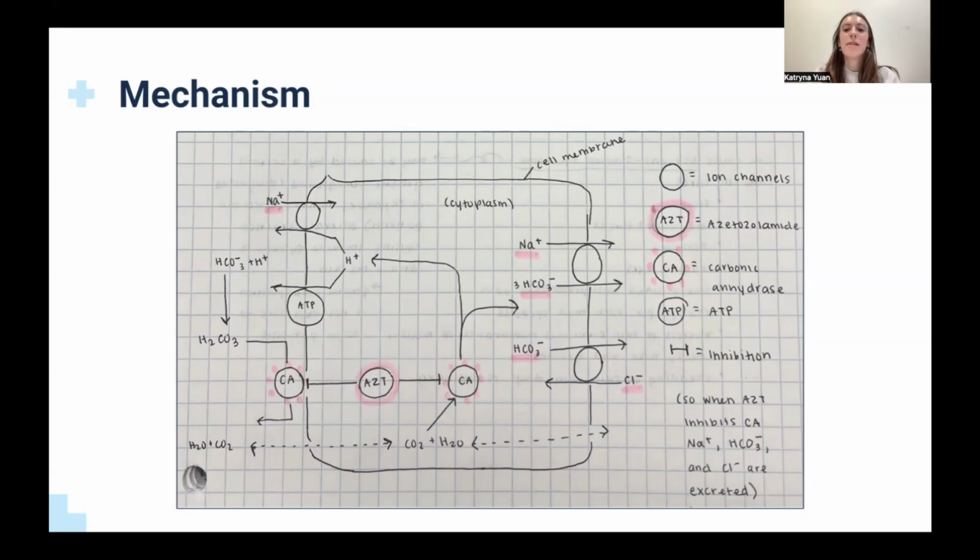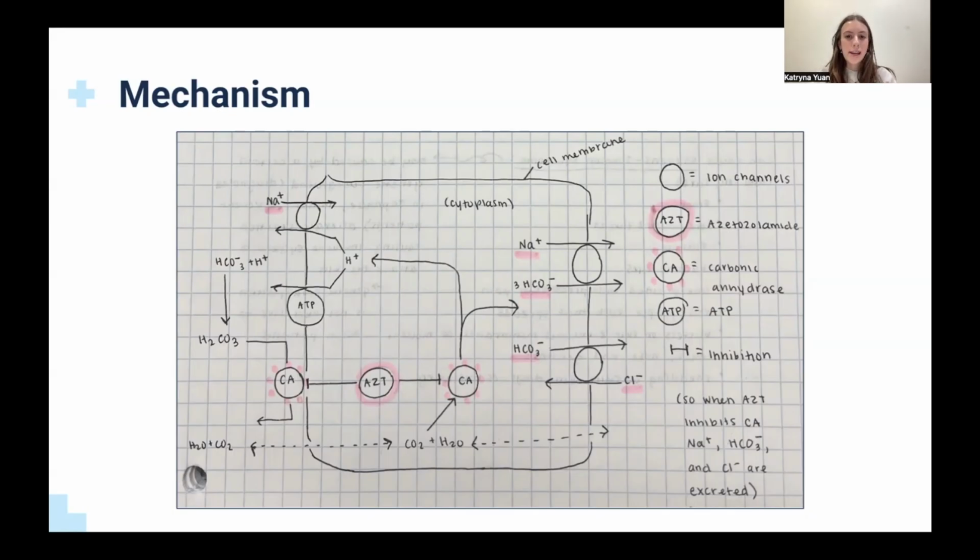Then the carbon dioxide and water that were just made are going to be secreted into the cell, where they are going to react again to form carbonic acid, which is also catalyzed by a second enzyme, carbonic anhydrase 2. The carbonic acid that was just made is then going to be converted to a bicarbonate ion. That ion and sodium ion will then transfuse into the bloodstream from the cell.